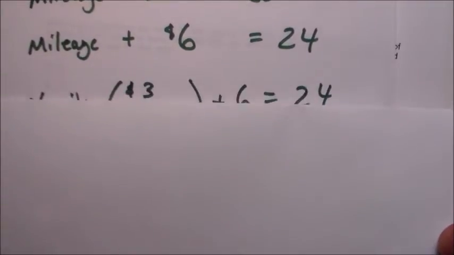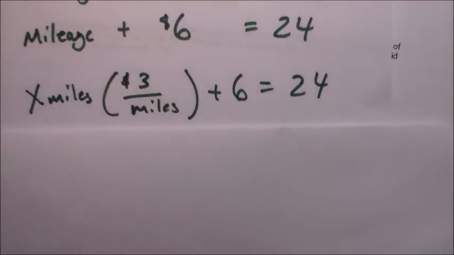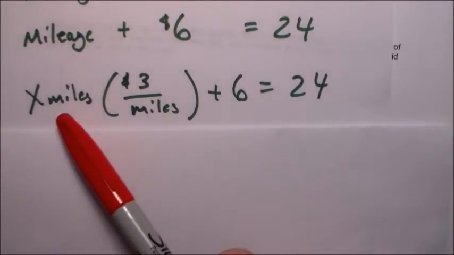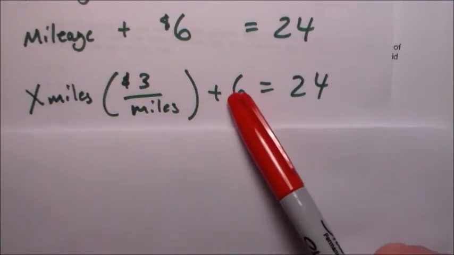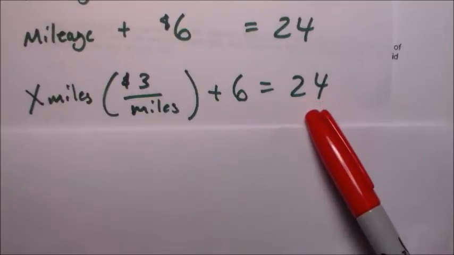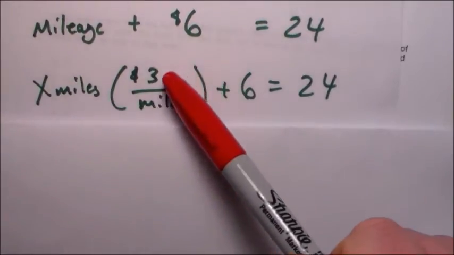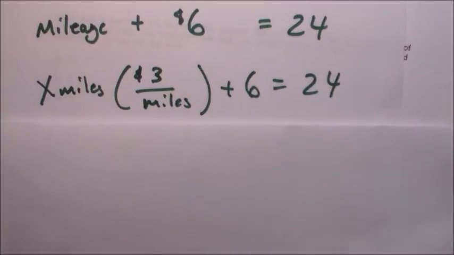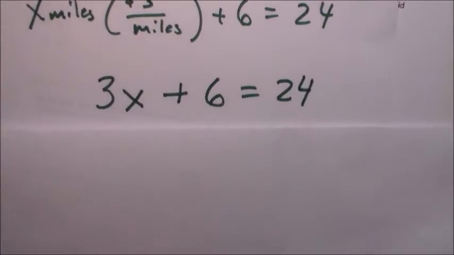So what do we do now? Well, let's unpack the mileage. You travel X miles, because that's the question. We want to figure out how many miles the trip was, and it's $3 per mile. Don't forget the initial fee of $6, and the total fare was $24. So we have 3X plus 6 equals 24.